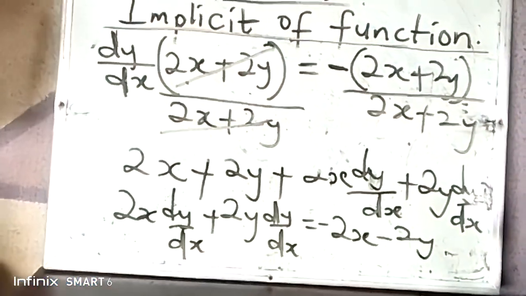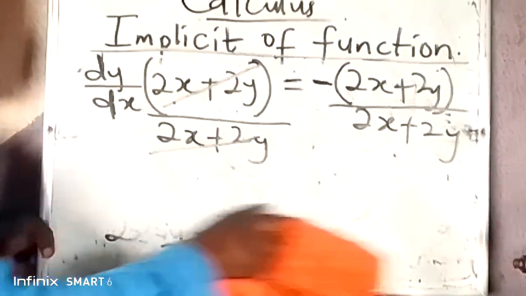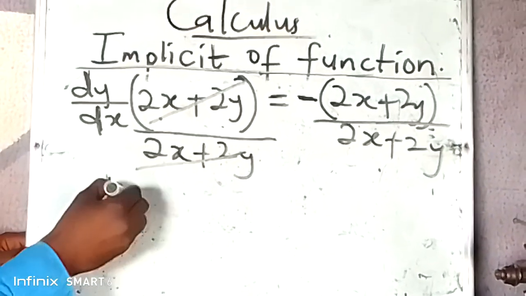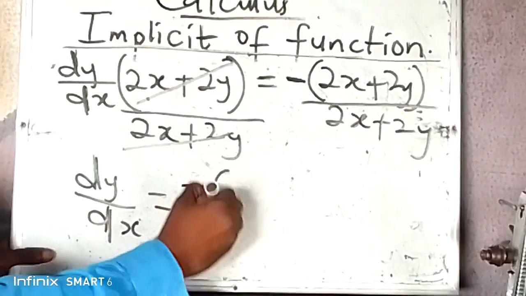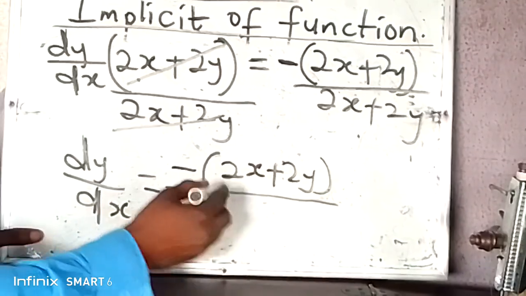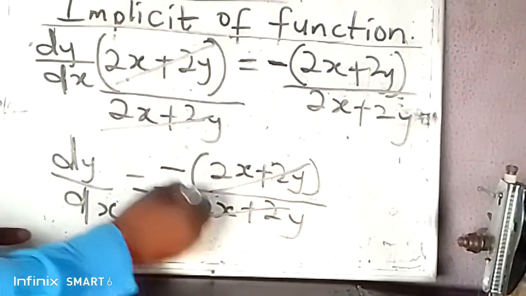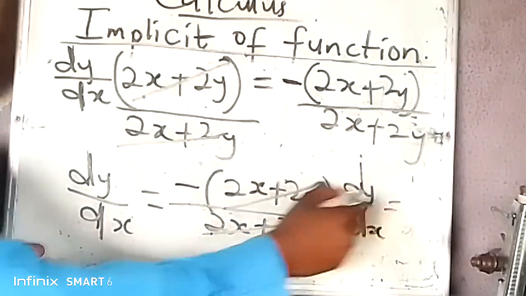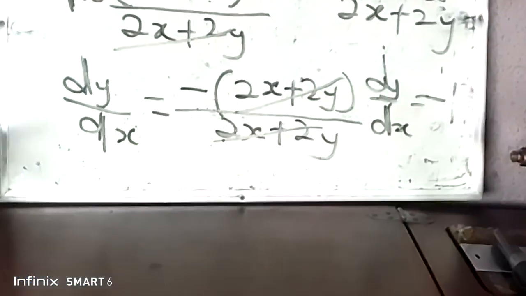That means our dy dx will equal minus, open bracket, 2x plus 2y, close bracket, all over 2x plus 2y. So this one cancels this. That means dy dx equals minus 1. That's number 1 of the implicit functions.